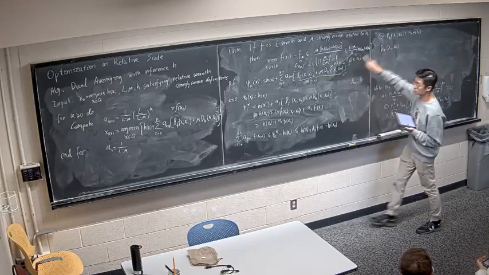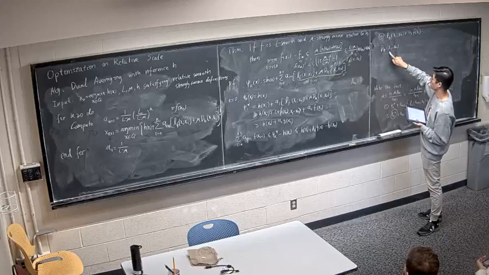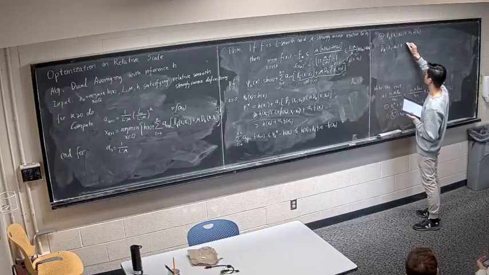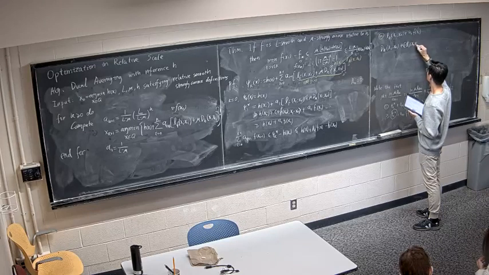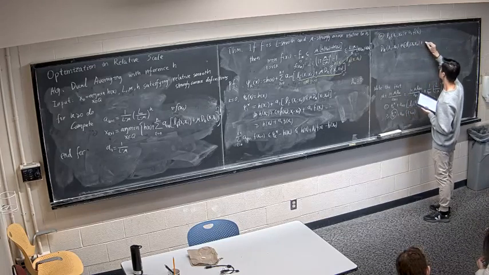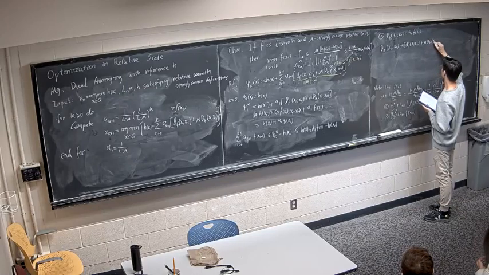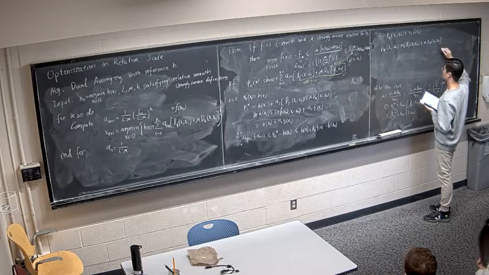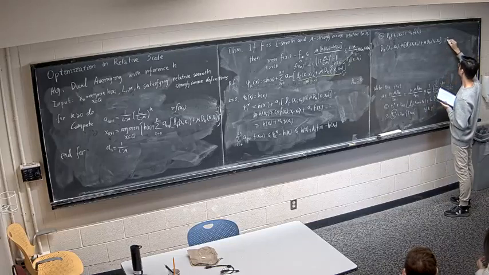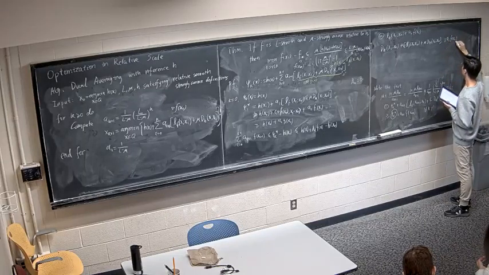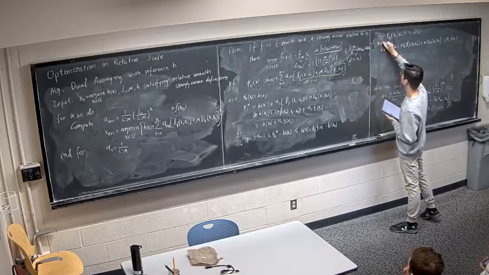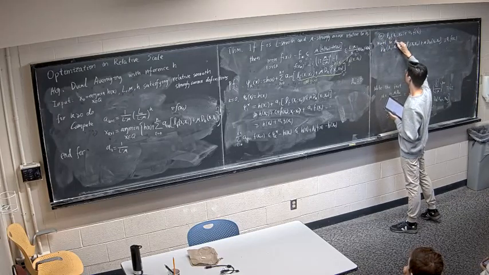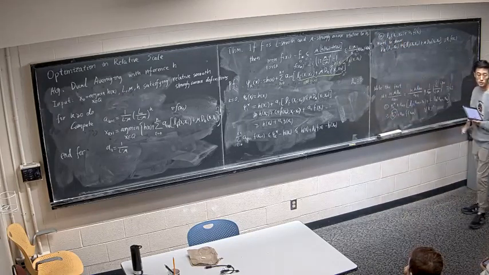When you do the subtraction, you have this Bregman divergence. And you want to show this one plus A1, right? This is what we want to show.